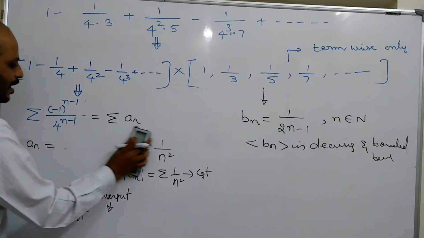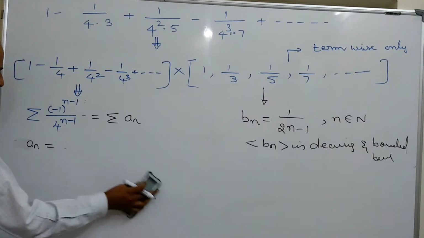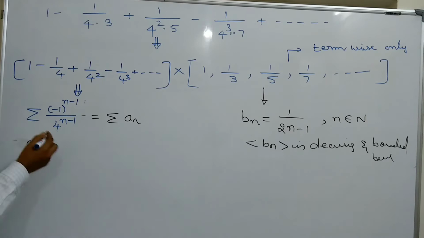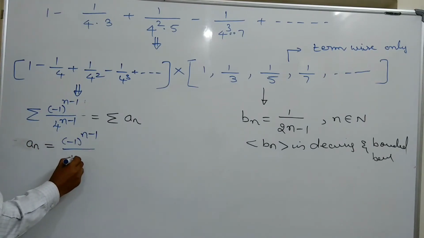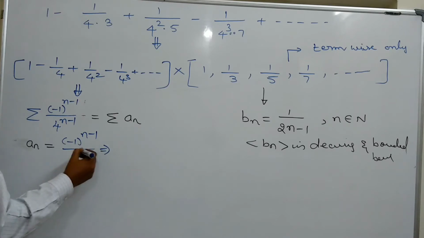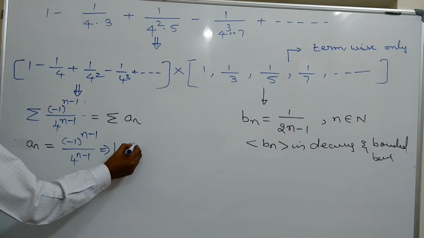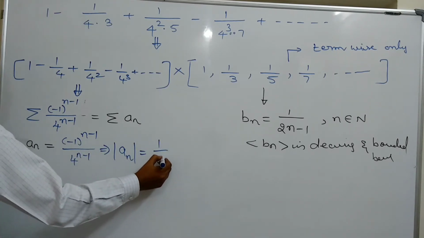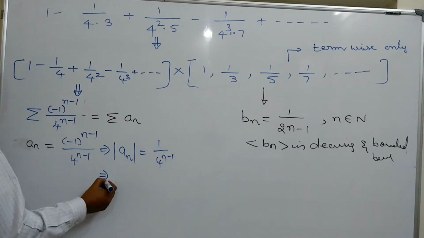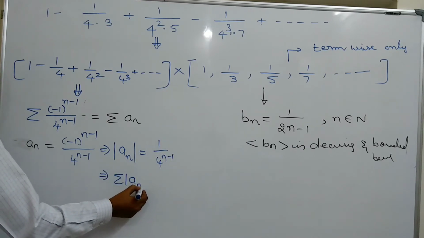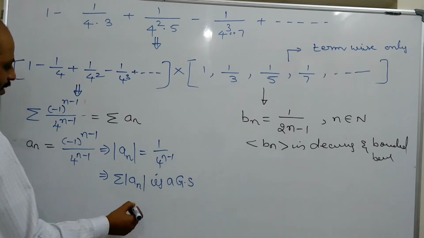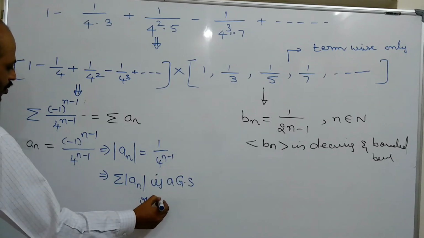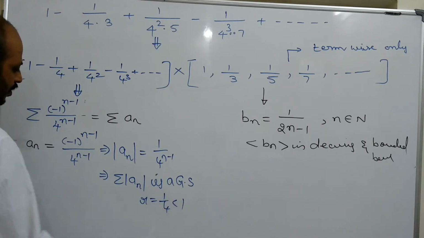So when comparing with summation an, you get (minus 1)^(n minus 1) divided by 4^(n minus 1). If you apply mod, |an| is equal to 1/4^(n minus 1). Very clear, summation |an| is a geometric series with common ratio 1/4, less than 1.